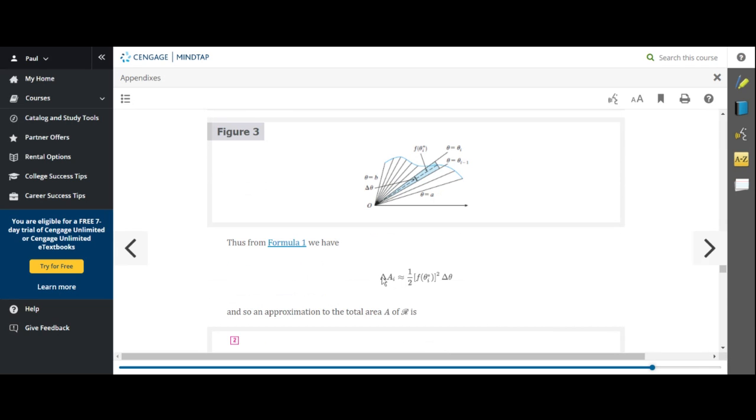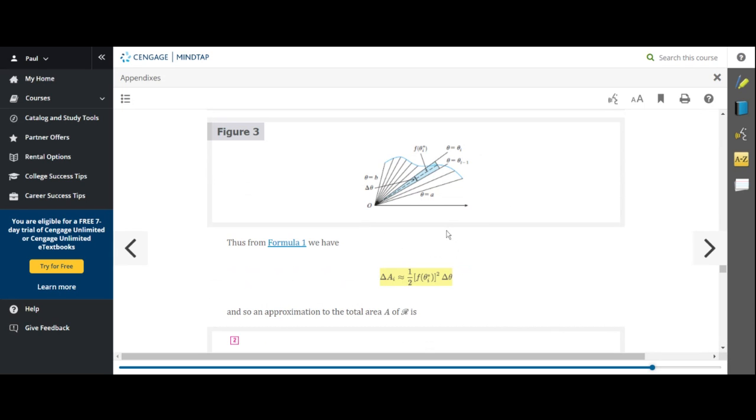Incidentally, the area of one sector would be approximately delta A, and that's 1/2 f of theta squared delta theta. You're used to the area of a sector of a circle being 1/2 r squared theta.